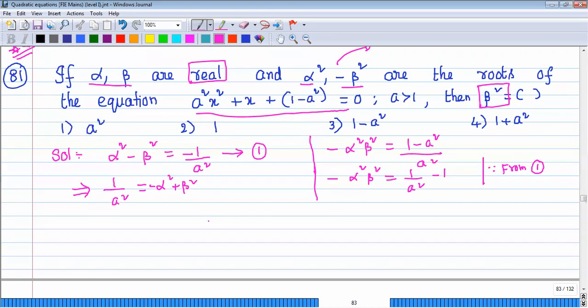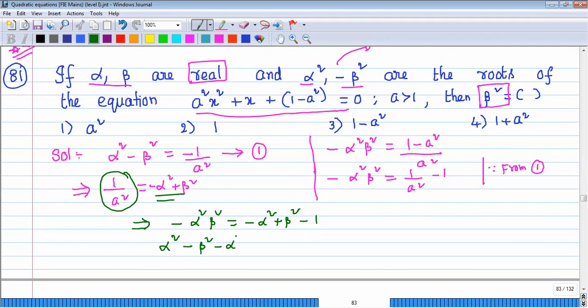Now minus alpha square beta square equals, with 1 upon a square replaced by this value, minus alpha square plus beta square and minus 1. Take all the terms of the right hand side to the left hand side, so that we get alpha square minus beta square minus alpha square beta square plus 1 equals 0.